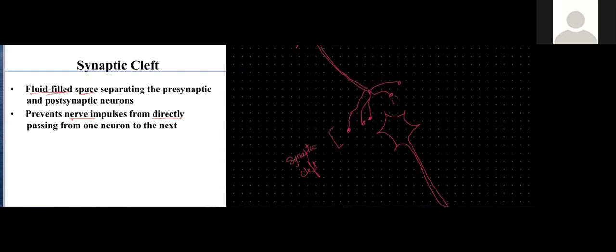So the chemicals will be released from the axon terminals of the presynaptic neuron, and they will bind to the receptors located on the receptive region of the postsynaptic neuron. Why do I have this space filled by fluid between the two nerve cells?